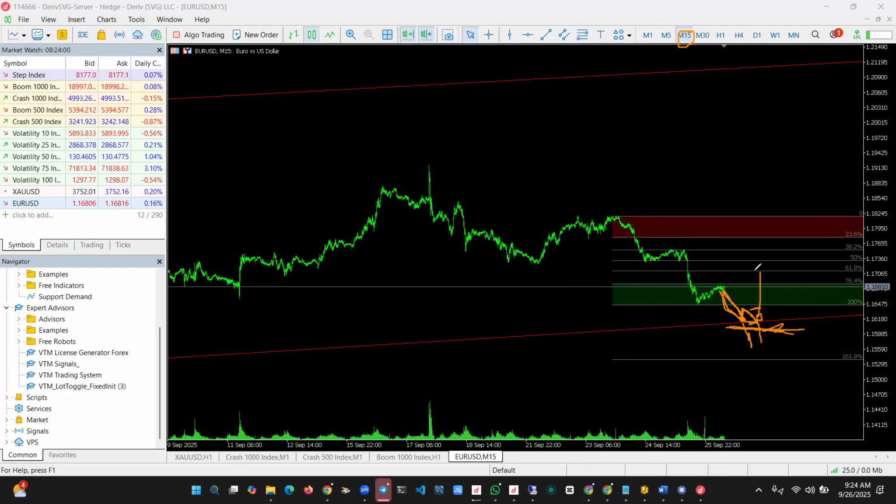So if you hit your TP, you wait again and see what is going to happen. If the market dances around again and comes back here and repeats the same thing that happened here, go ahead and take another buy.